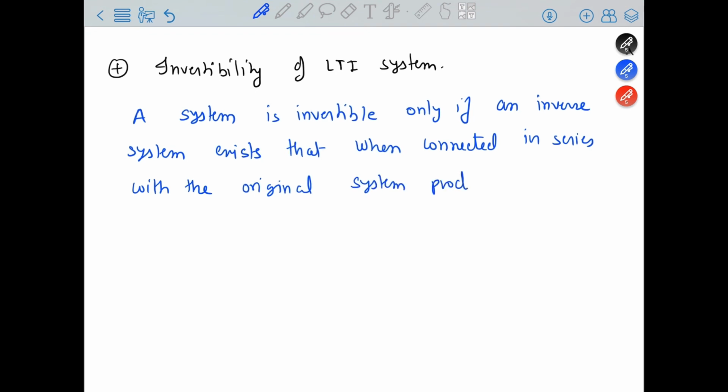So it will produce an output which is equal to the input to the first system.